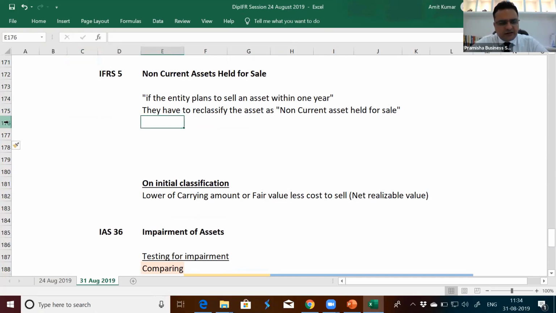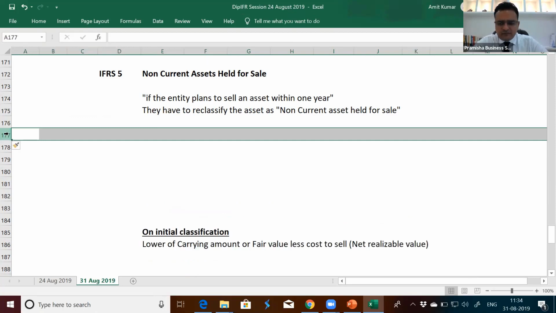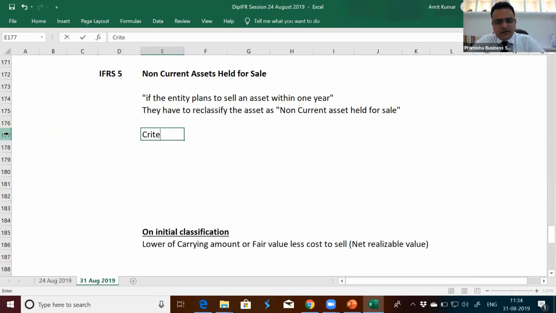so there are criteria for classifying it as held for sale, criteria to be met, and the criteria is: immediately available for sale.